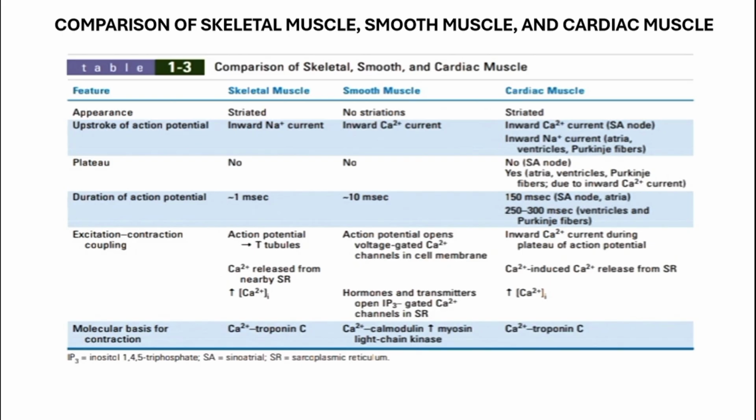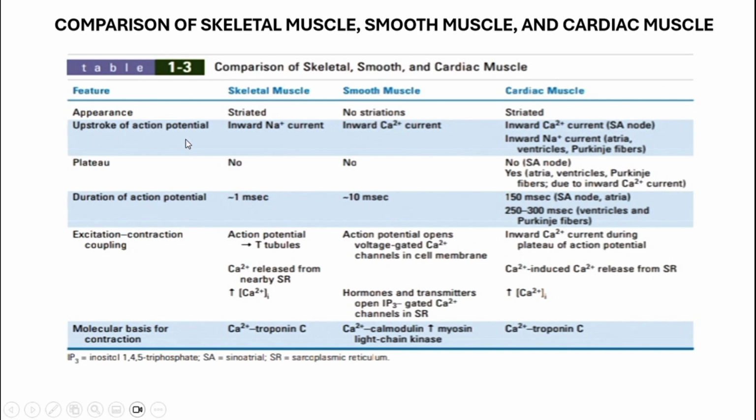Okay, and lastly we have this table from BRS Physiology, the comparison of skeletal, smooth and cardiac muscle. Leave the cardiac muscle aside because we will talk about it in detail in chapter 3. So the skeletal muscle and the smooth muscle, how are they different? They are different in appearance because the skeletal muscle is striated, and the smooth muscle has no striations. This is because the smooth muscle does not have sarcomeres.